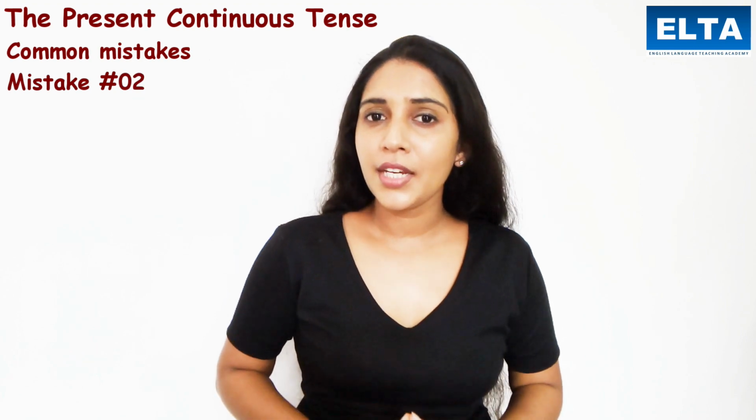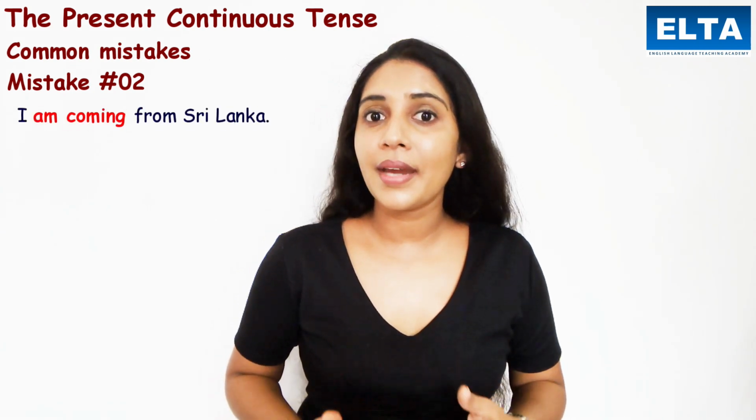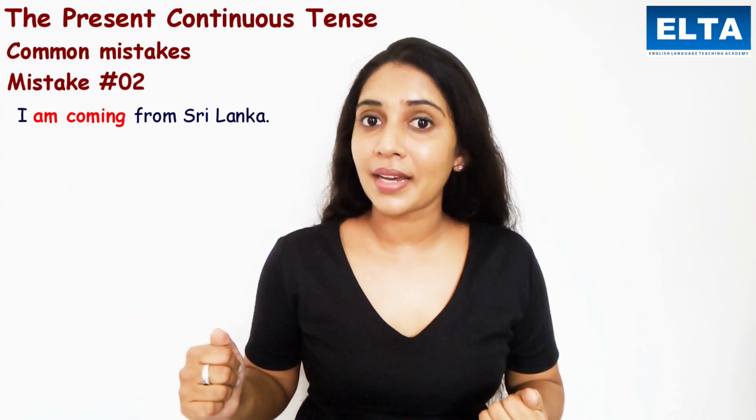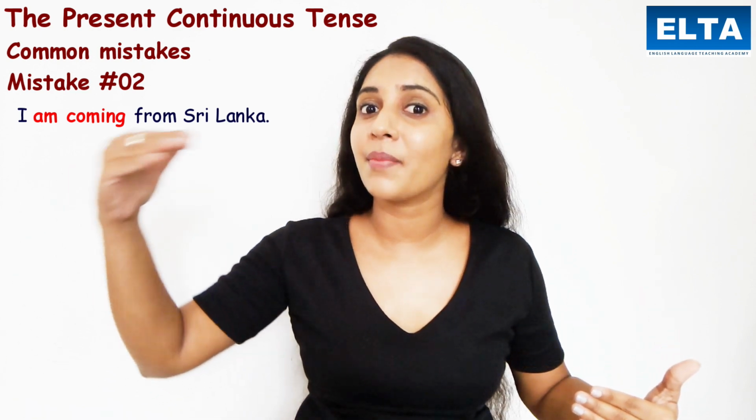Mistake number 2. Introducing yourself to another person, you might say, I'm coming from Sri Lanka. When I say I'm coming from Sri Lanka, I mean to say that Sri Lanka is my country, or I am from Sri Lanka. It is not that I'm coming from Sri Lanka right now, right?